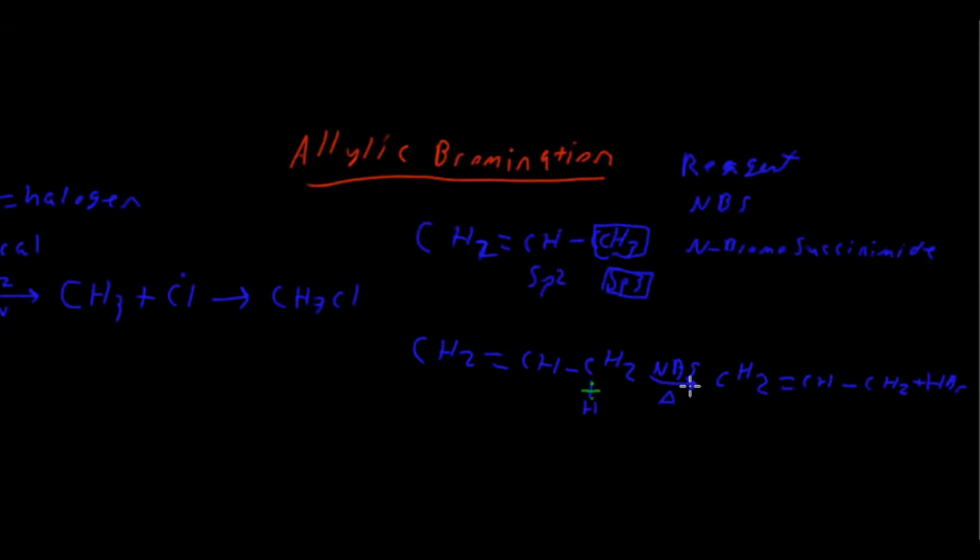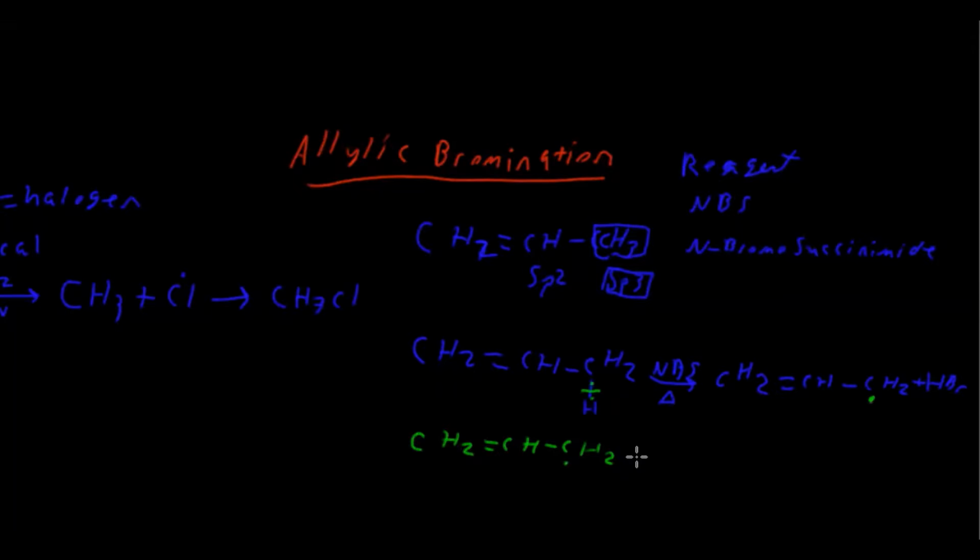So we have a free electron with this carbon, and that's where the term free radical comes from, because we have this little electron floating around with this carbon. And that's what's going to allow this reaction to happen. Then this H just attached to the bromine in a reaction that is covalent in nature. So now we have CH2, CH, and then our CH2 again, but it's got this little free radical.